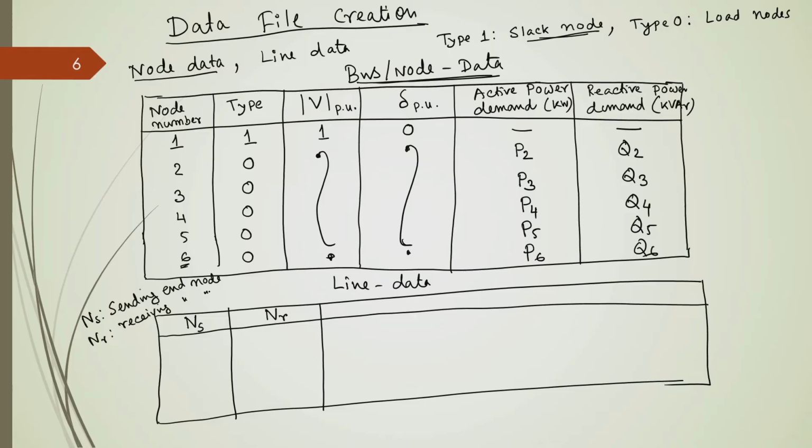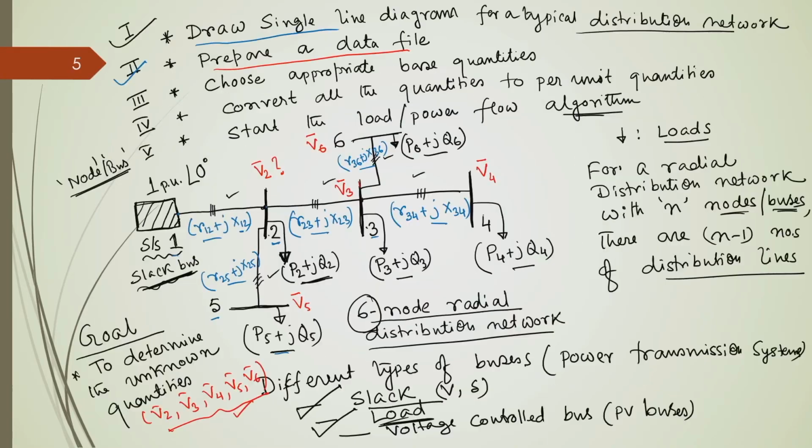As you know, in radial distribution networks, power flows unidirectionally, always from 1 to 2. So, for the line 1 to 2, the sending end node is 1 and the receiving end node is 2.